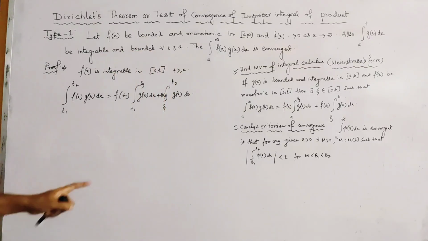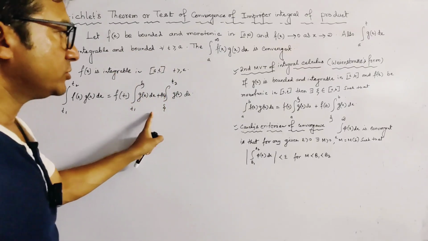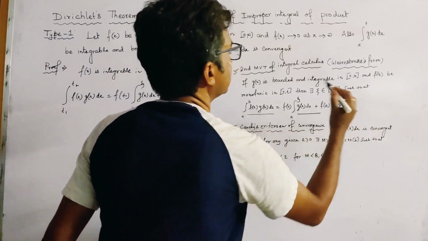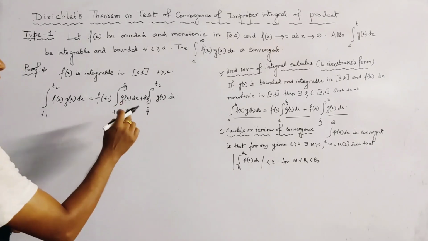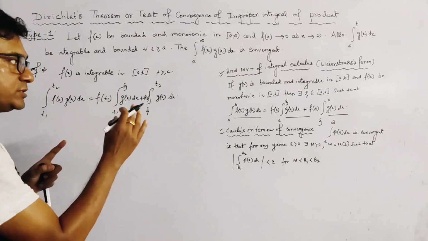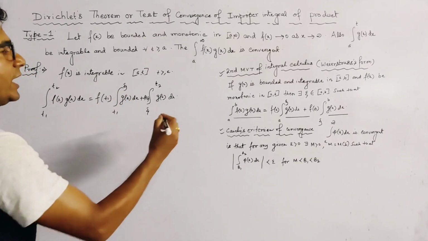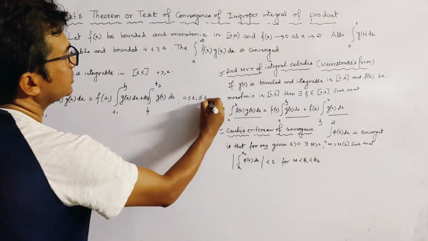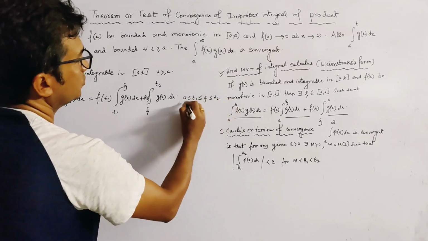Okay, this is the second mean value theorem relation. Here xi lies between t1 and t2, and we can write a less than or equal to t1 less than or equal to xi less than or equal to t2.